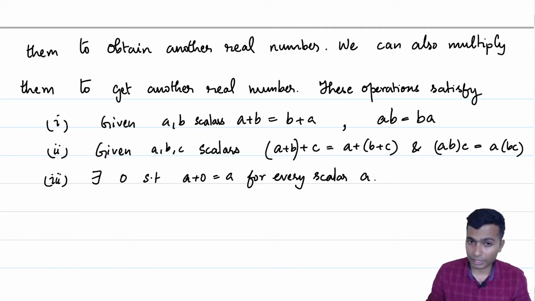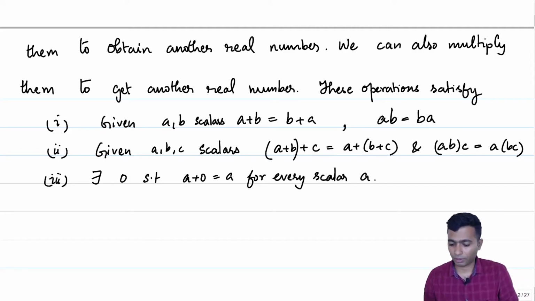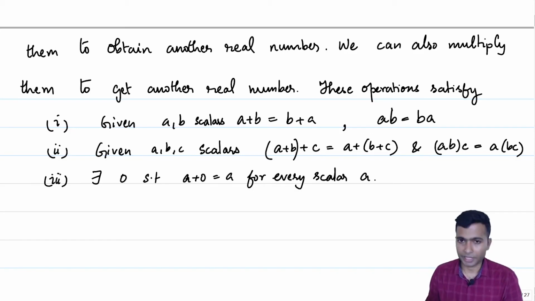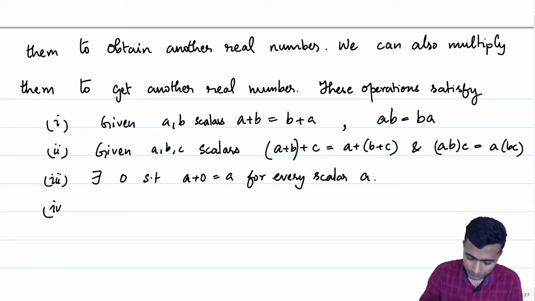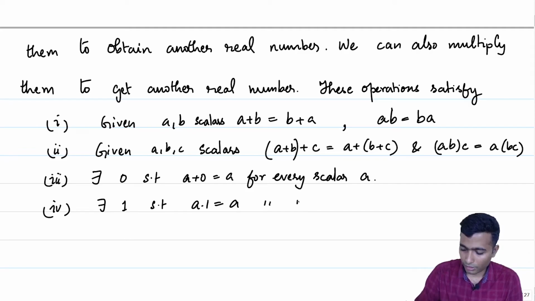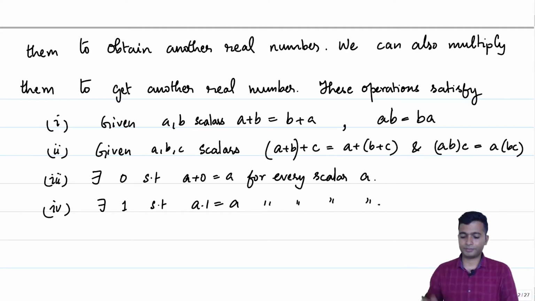We also have that given any scalar a, if you multiply it by 1, then we get back a. So just like 0 behaves for addition, 1 behaves as an identity for multiplication. So there exists 1 such that a times 1 is equal to a for every scalar a.